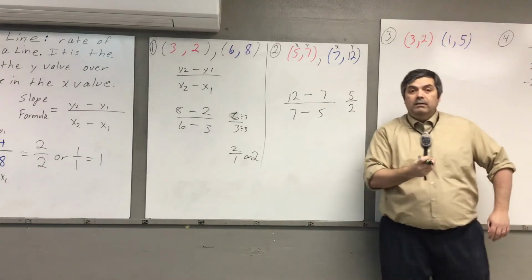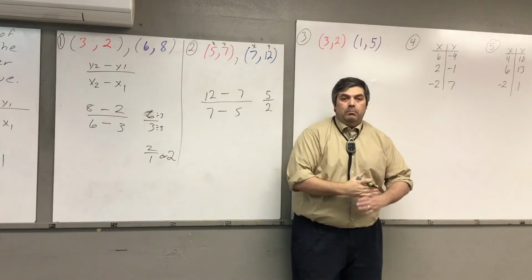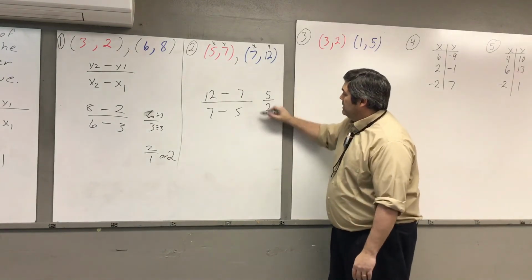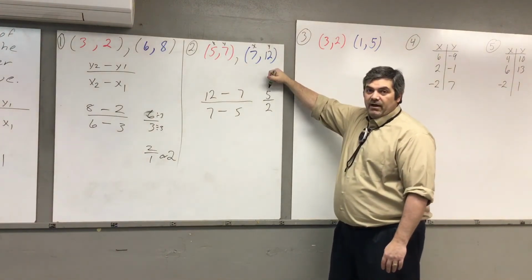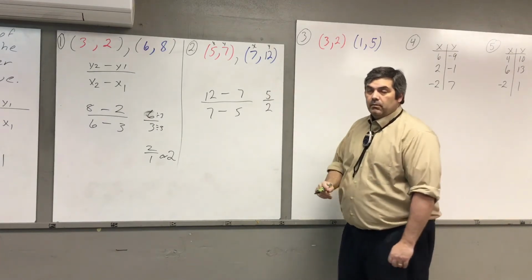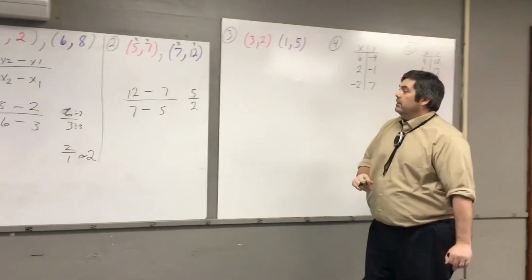It's okay to have a fraction as your slope. This is telling me that my rate of change is 5 over 2. It's just fine to have a fraction. It's no problem there.